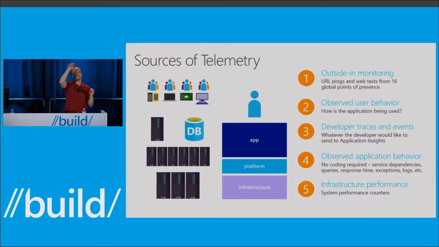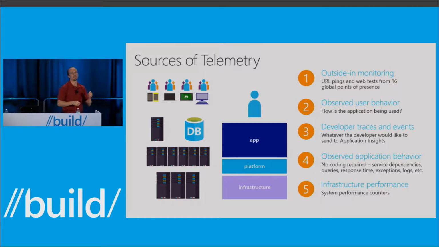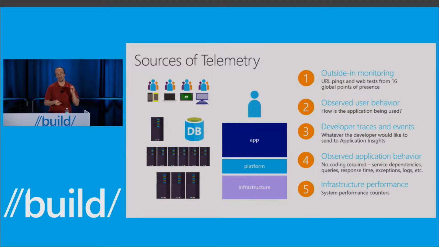And we have 18 points of presence around the globe from which you can execute your ping. If you're familiar with, let's say, Keynote, Gomez, Pingdom, that would be a similar scenario. What we do, however, is execute not just a simple ping, we execute a Visual Studio web test. So you can record multi-step transactions and run them from multiple points of presence.